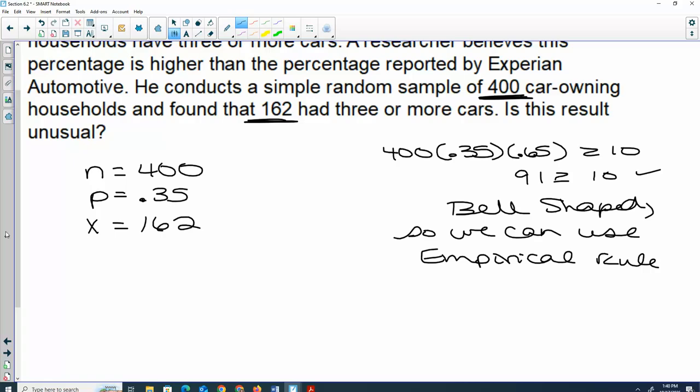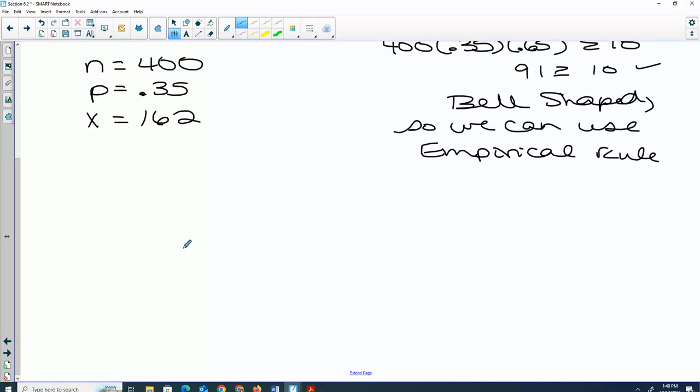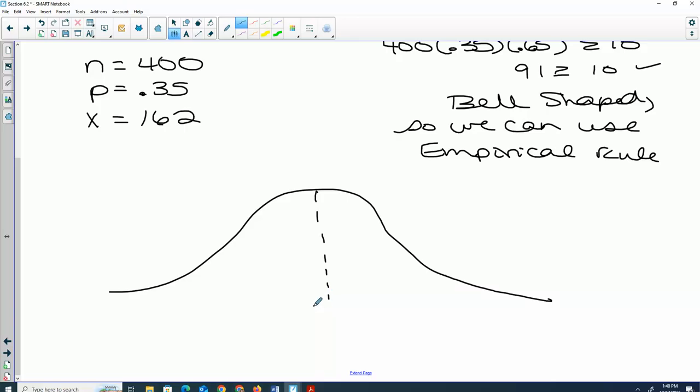Okay, to do that, think about our empirical rule. I always looked at these graphs. My mean is, whoops. How do I find my mean? We should write that down. Think about yesterday. What did we say the mean was?